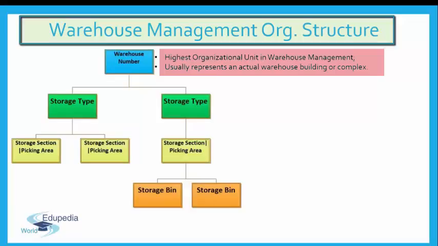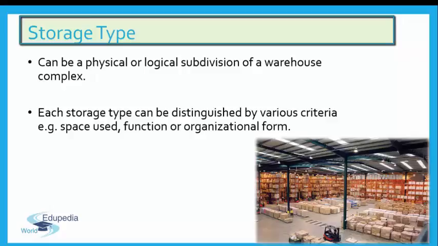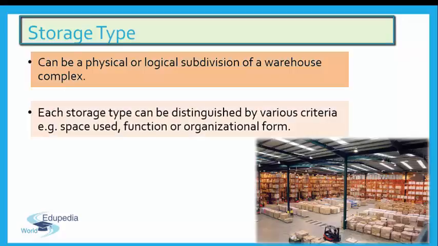Directly below that, we have what we call storage types. This is the second level in the warehouse management organization structure. And now these storage types represent distinct storage spaces. For example, some warehouses have separate storage types, in the sense that one storage type may be perhaps a high rack storage.